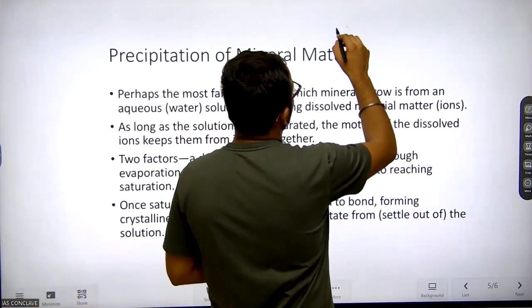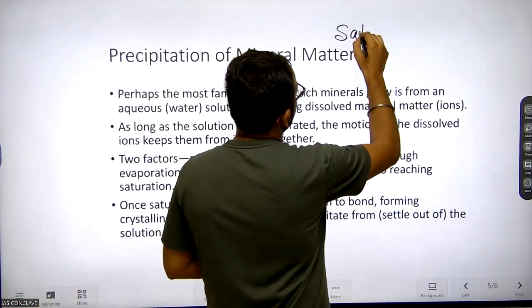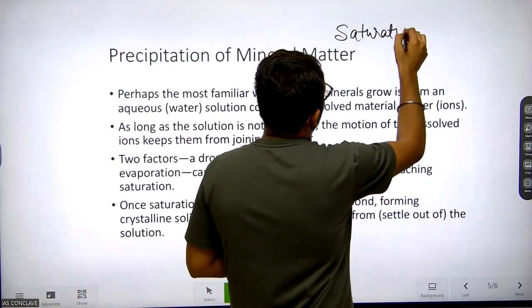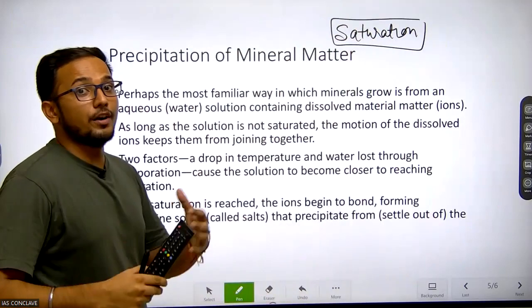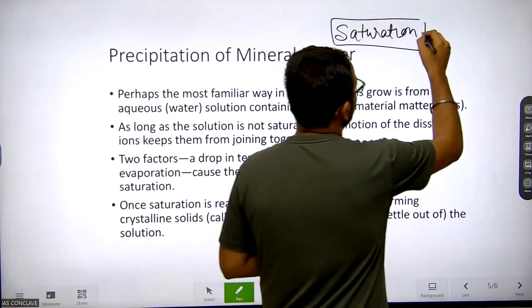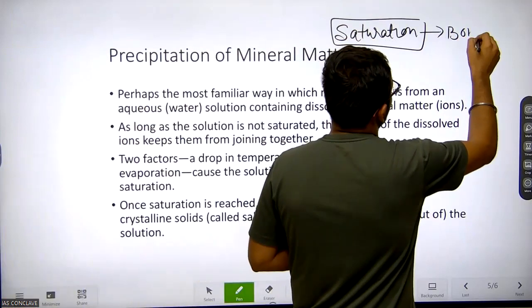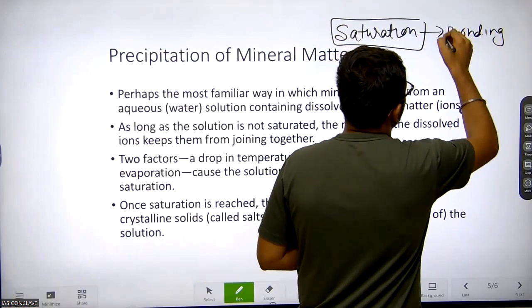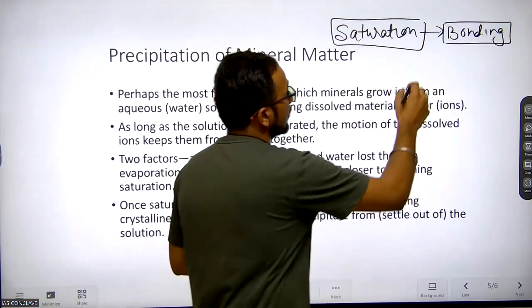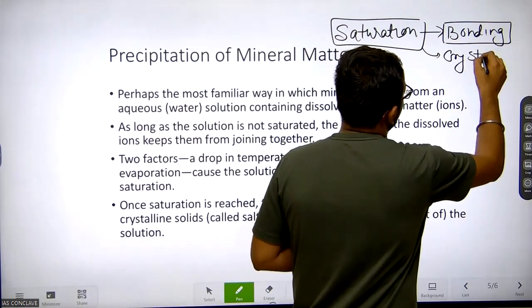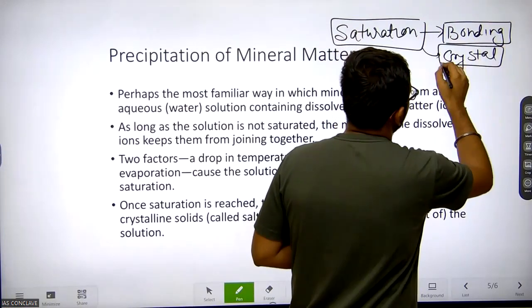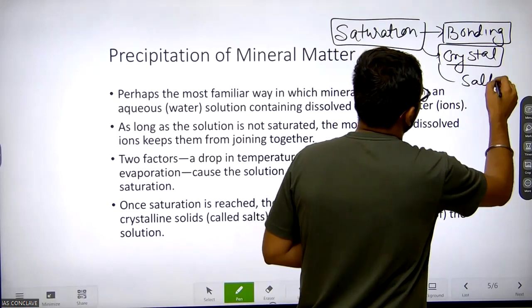Whenever the solution achieves saturation, ions keep bonding with each other. The bonding process starts, and when the bonding process starts, ions form a crystal, and this is called salt.